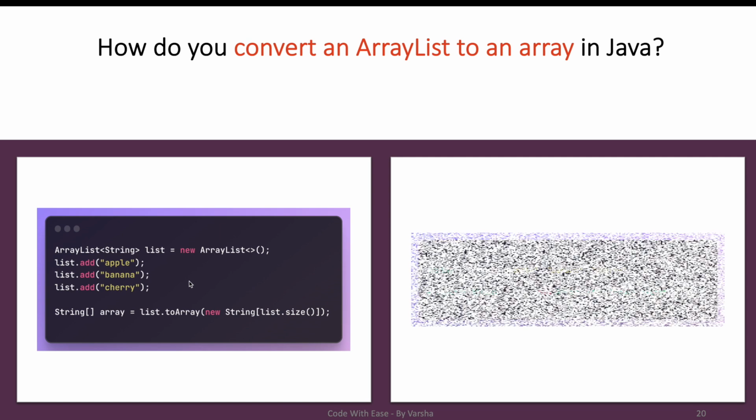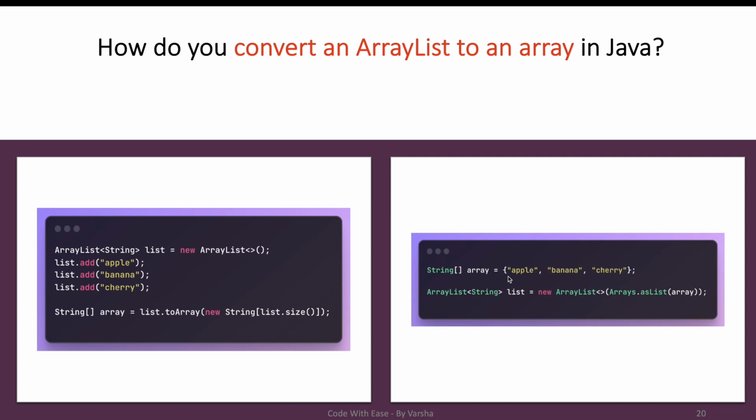The next example is, how do I convert the other way? Now I have an array, like this string array, that I want to convert to a list. One way is to traverse through the array and do list.add, looping through it. But the handier way is to use a method. So it is initializing a new array list, and then within the parenthesis, which was initially empty, it is just saying Arrays.asList(array).